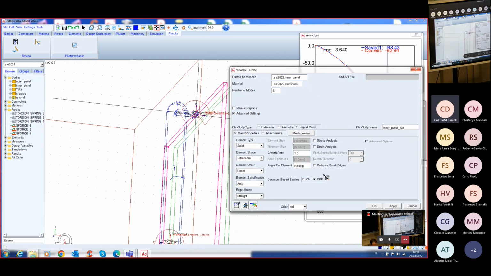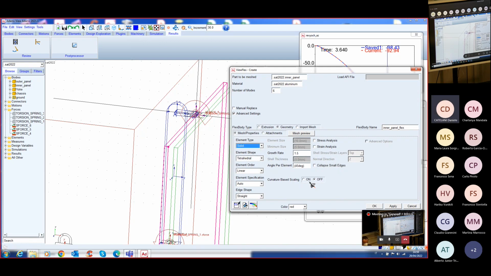And in this dialog box, I can select how many modes I want to run, which is the mesh refinement for my structural analysis. So I can define a mesh with solid elements or shell elements.